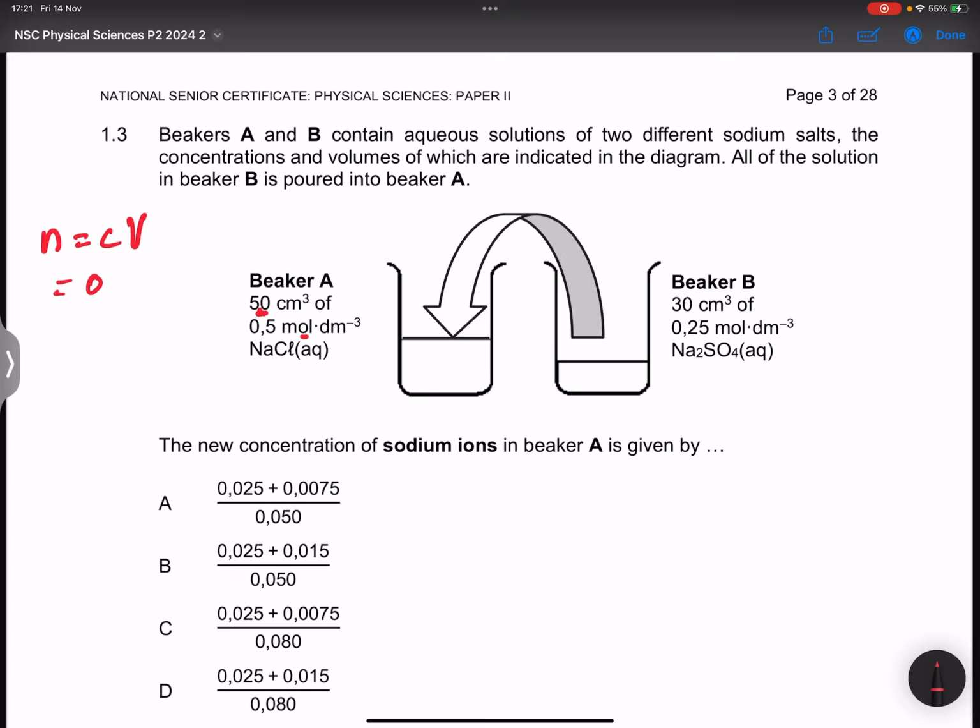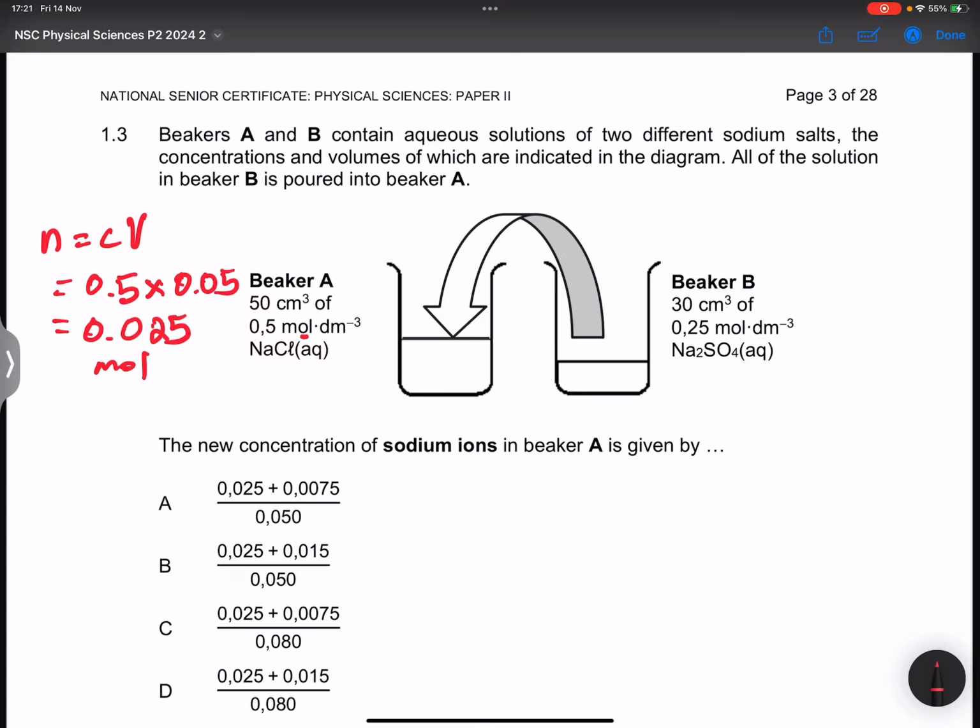So that will be 0.5, that's concentration, and volume, remember, has to be in cubic decimeters, so that's 50 divided by 1,000, which gives us 0.05. And so when we calculate that, that will give us 0.025. That's the number of moles for sodium chloride.